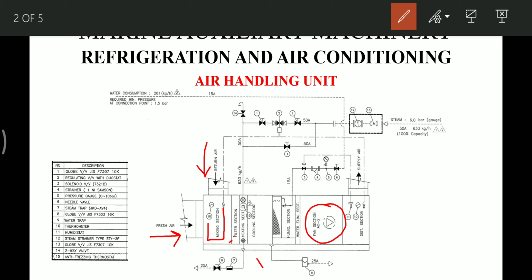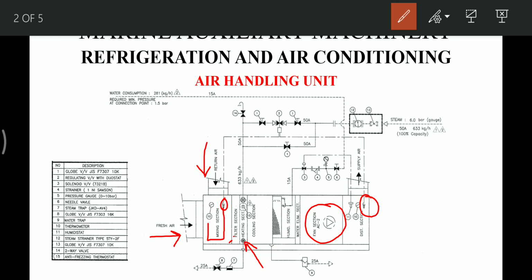Then we have heating system. So this heating system basically is a coil of steam, that is it is a steam coil, and temperature is controlled by the thermostats which are placed in the outlet of this air handling unit and inlet of this air handling unit.